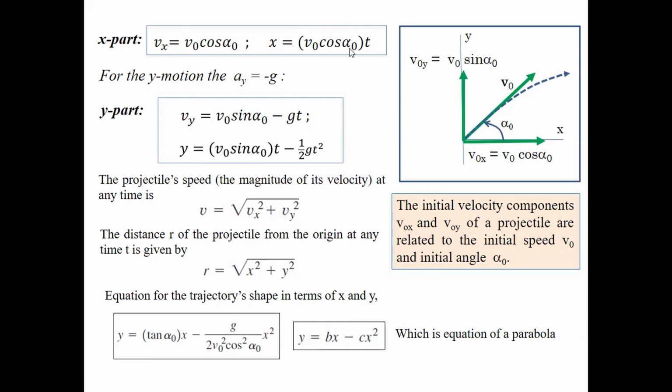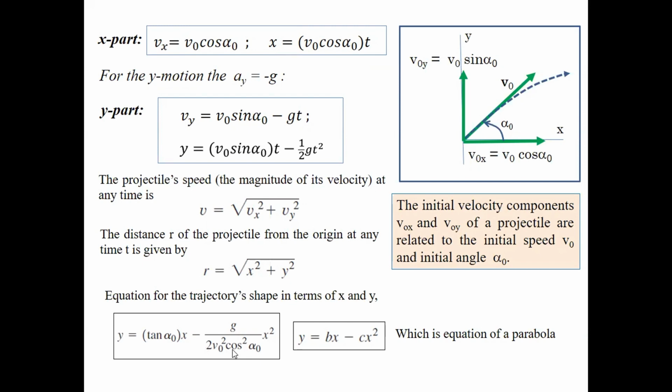I have here cos of alpha times t, and I can replace the time with x divided by this. So I get tangent of alpha naught times x minus g divided by this. So I calculate the time from this equation, t equal to x divided by this, and reduce this whole thing.